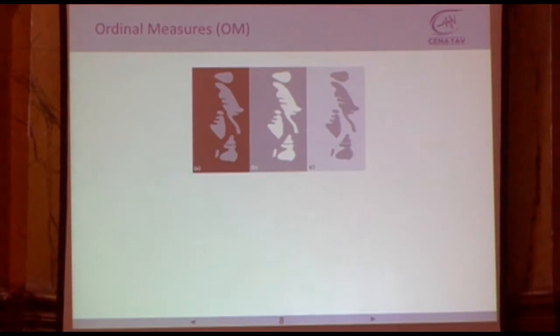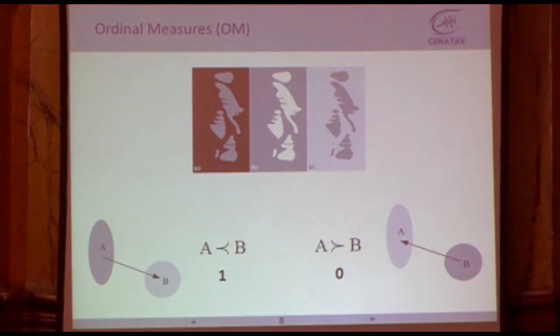You can see that the first two images are more similar because they maintain the order relation of the regions, while the third image, although the object has exactly the same brightness level as the first one, looks quite different. So what we compare is the order: whether one region of the image is darker than the other one.